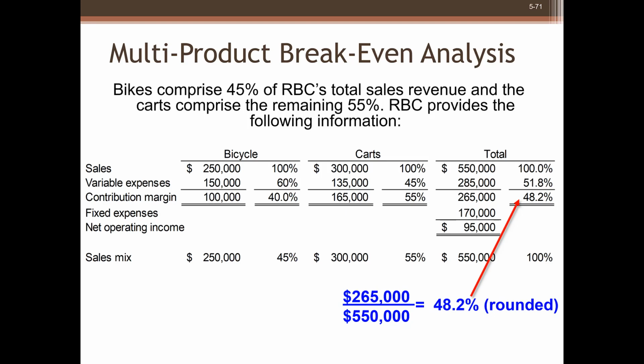Now let's take a look at the contribution margin ratio for the company. Based on the totals here, we use total contribution margin, $265,000, divided by total sales, and then we can calculate the contribution margin ratio, 48.2%. This is a rounded number.